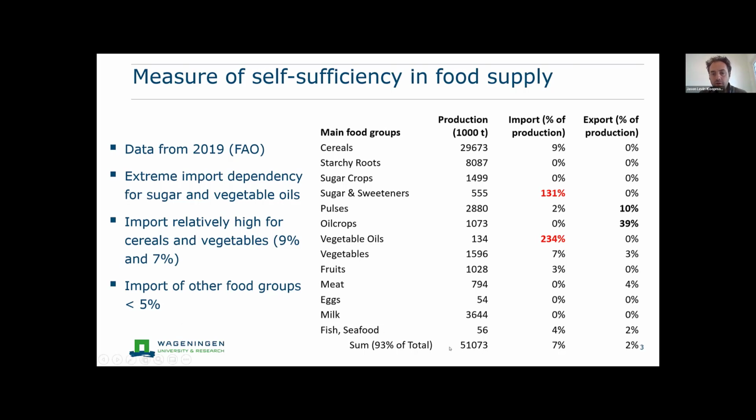As you see here, for these main food groups, only about 7% of total production is imported, and about 2% is exported. So trade, although it could be important, particularly for cereals, is an important piece, but the real drivers are domestic production.